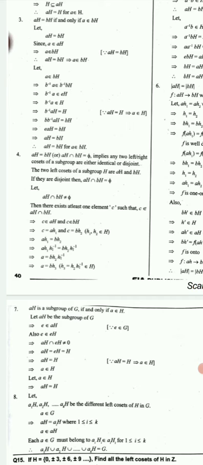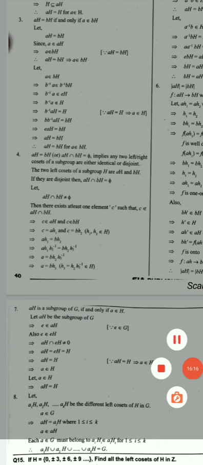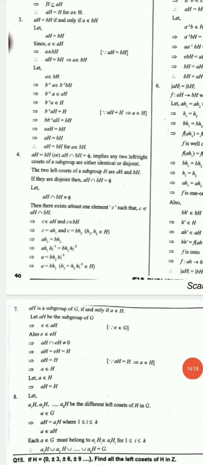Next, the eighth property. Let A1H, A2H, and so on up to AKH be the different left cosets of H in G. Then A belongs to G implies AH equals AIH, where 1 is less than or equal to I less than or equal to K, meaning I is between 1 and K. That implies A belongs to AH.